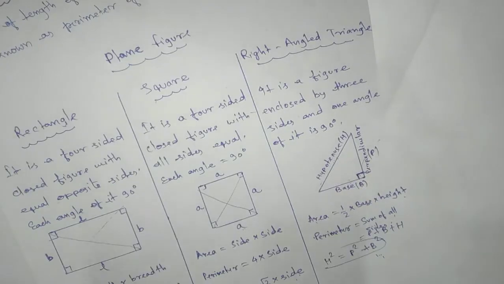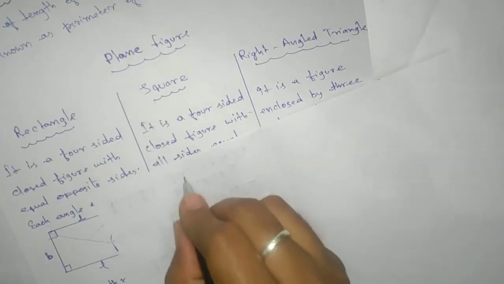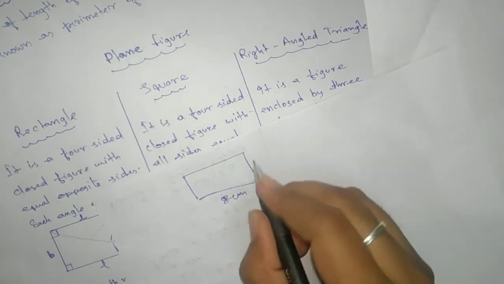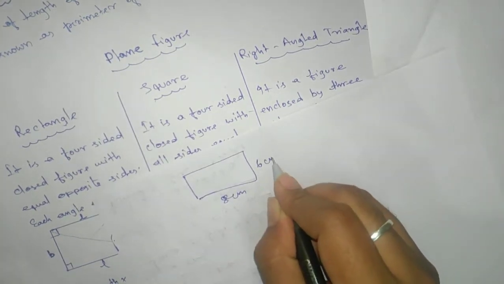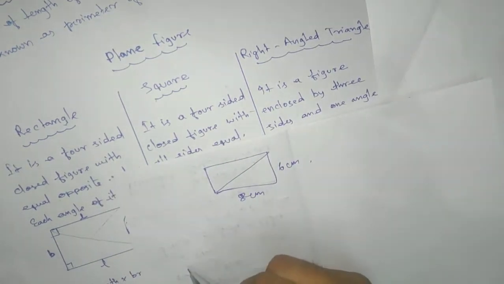Let's take one example and try to find it. Take a rectangle whose length is 8 centimeter and the breadth is 6 centimeter, and we need to find the length of the diagonal.